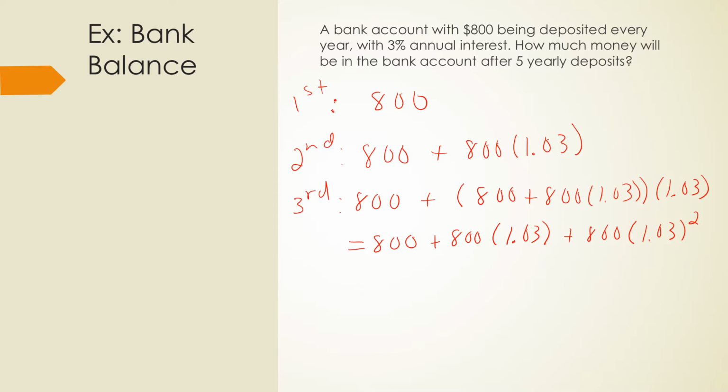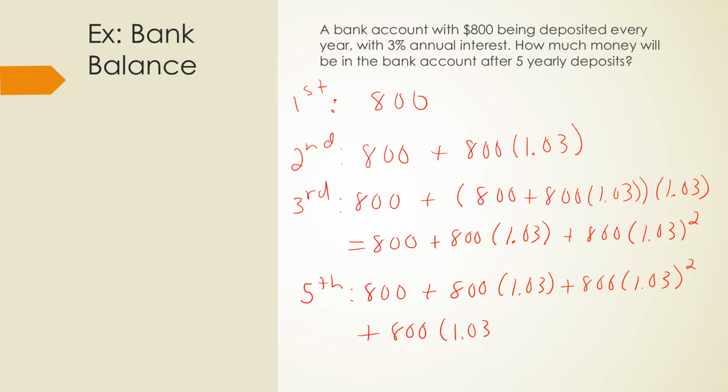Continuing this process, after the fifth deposit, I end up with 800 plus 800 times 1.03 plus 800 times 1.03 squared plus 800 times 1.03 to the third plus 800 times 1.03 to the fourth.